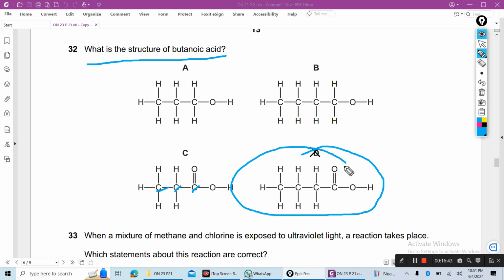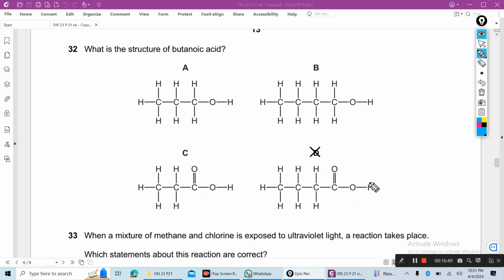So 1 2 3 4, a 4-carbon carboxylic acid is butanoic acid. Next, and why not A? A is propanol, an alcohol. B is also an alcohol, butanol.